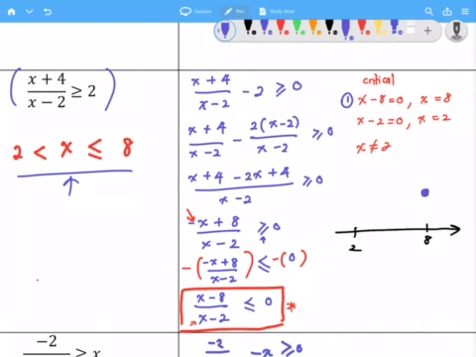And then you straight away imagine that anything higher than 8 will result in positive value. If you substitute 9, you will get 1. If you substitute 10, you will get 2. Meaning that anything higher than 8 will result in positive. So anything below 8 will result in negative.